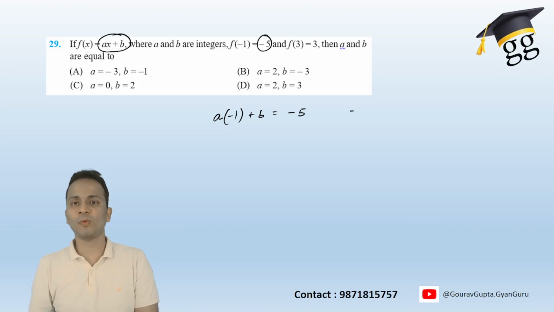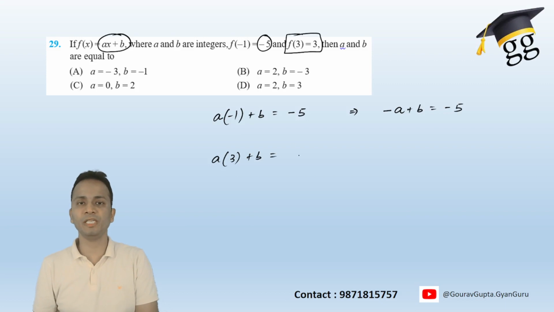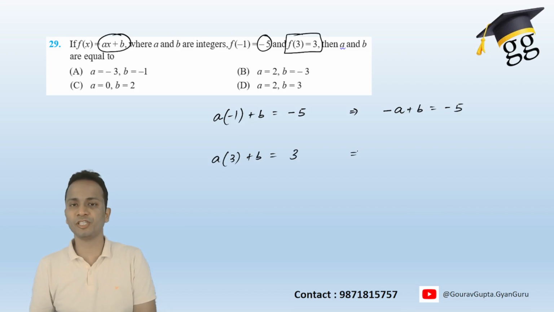So the first equation is minus a plus b is equal to -5. Similarly, f of 3 is given as 3. So you can substitute x equal to 3 in the given function. So a multiplied by 3 plus b should be equal to 3. So 3a plus b is equal to 3.